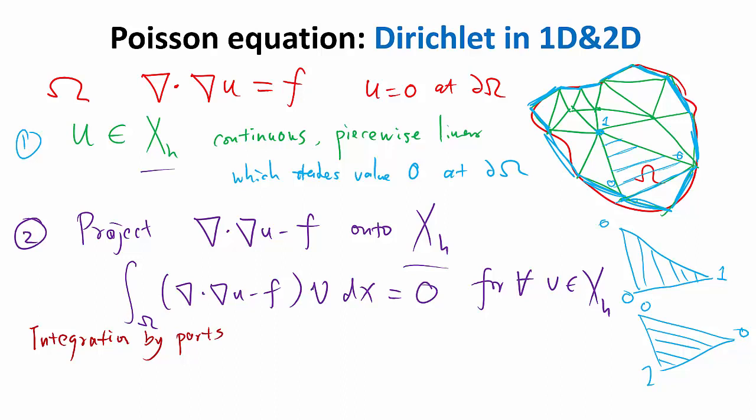Integration by parts is an extension of what we used in finite volume. It's an extension of the divergence theorem. Okay. It applies the divergence theorem on a vector field.